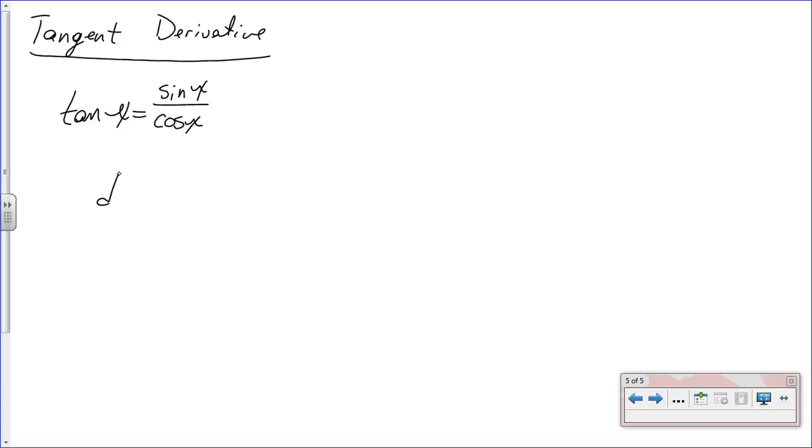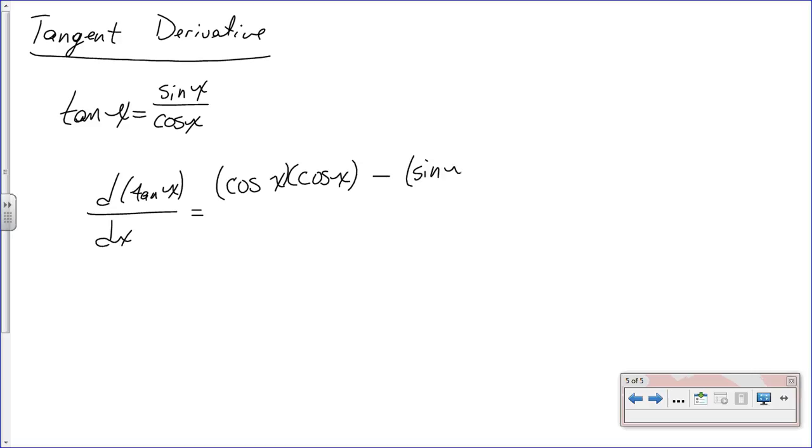So, the derivative of tangent x, dx, equals low d high minus high d low over low squared.